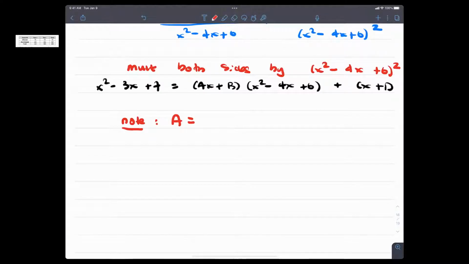A automatically is 0. How do I know A is 0? Because when you do FOIL, the first term, ax cubed, corresponds to a 0 constant times x cubed over here, because it's not there. So I know A is 0.